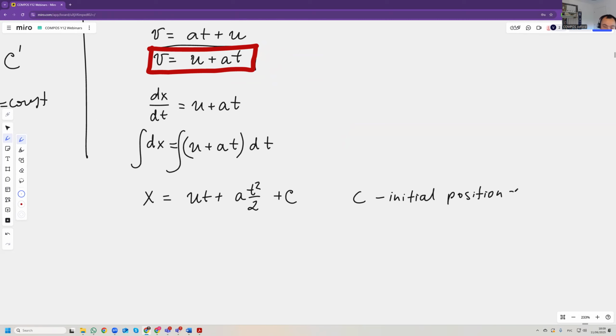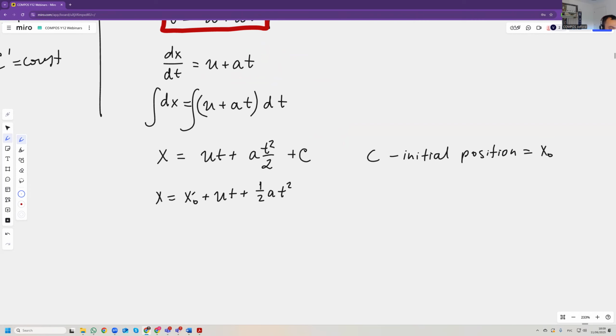We usually write the initial position as x0. So we have x equals x0 plus ut plus 1/2 at squared. You can write further, x minus x0 equals ut plus 1/2 at squared, and this is s equals ut plus 1/2 at squared.